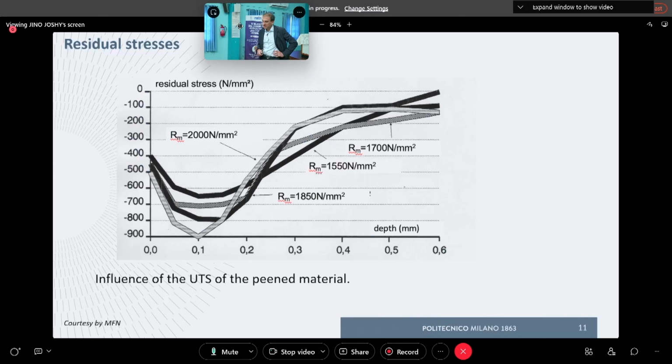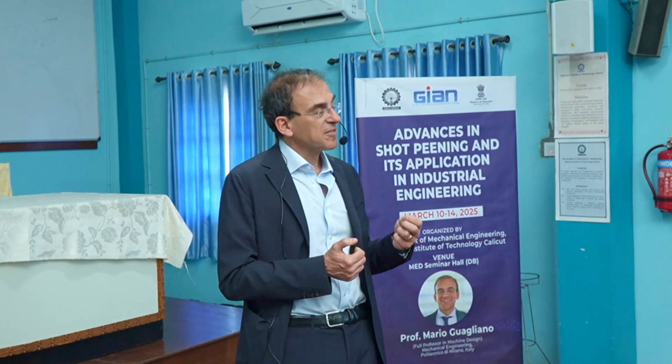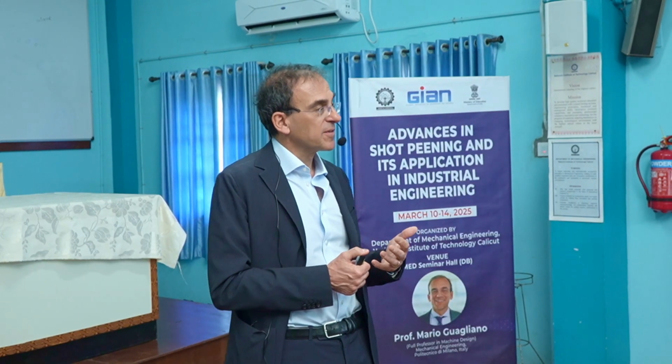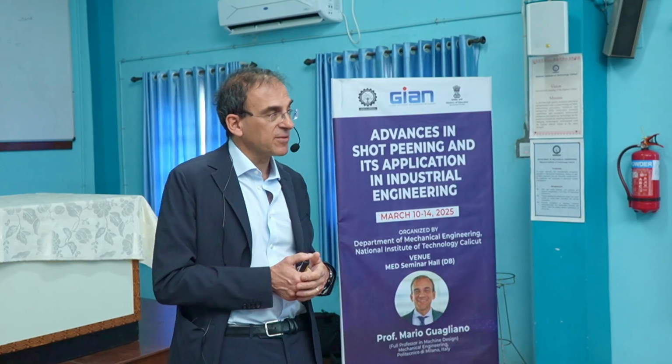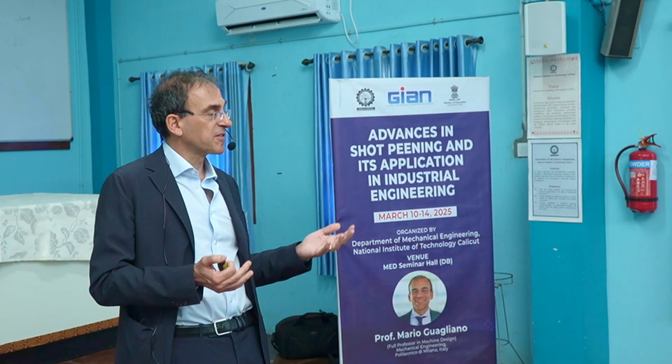And what can we anticipate now, looking at this graph? We can anticipate that the maximum residual stress we can get is related to the mechanical property of the material. In particular, it's related to the yield stress.